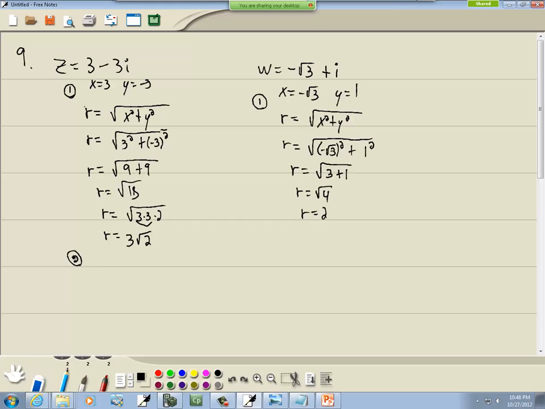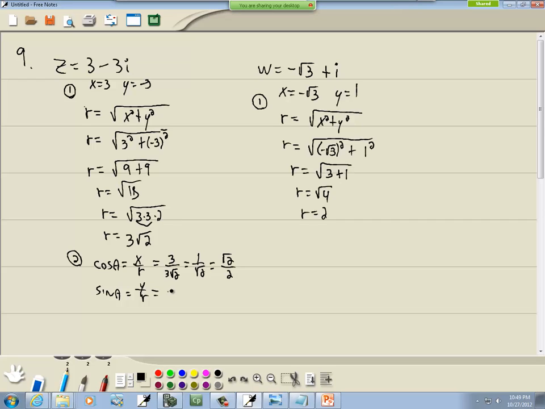Okay, I think both of these are on the unit circle. So we got cosine theta is equal to x over r, and sine theta is equal to y over r. Well, x over r, we got 3 over 3 square root of 2. 3's cancel, and we got 1 over square root of 2, which is square root of 2 over 2.